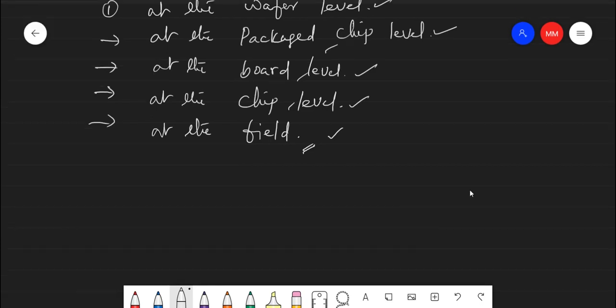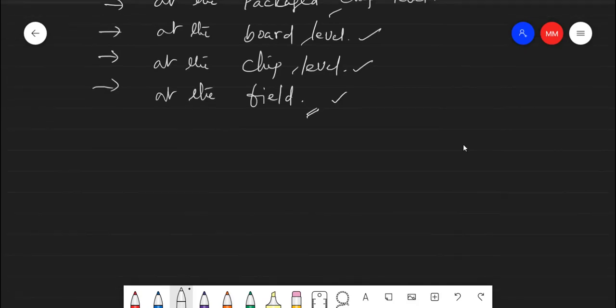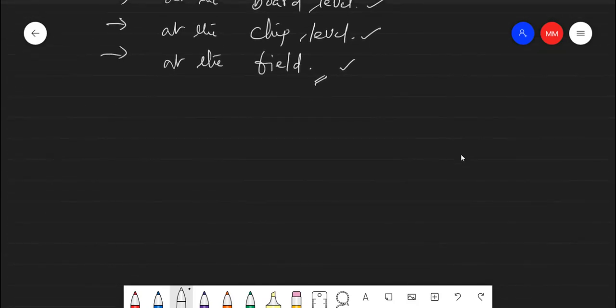Now we'll see the types of tests. What types of tests do we have in CMOS testing? There are two types of tests mostly used.